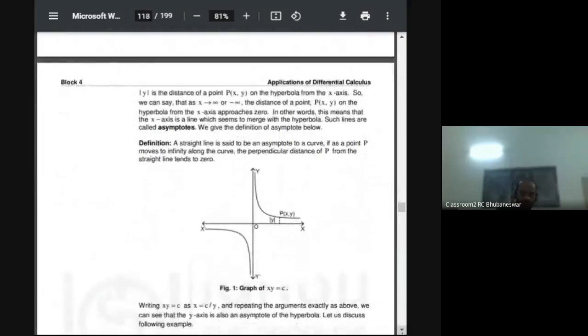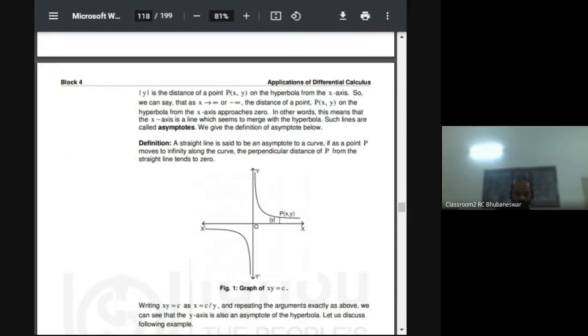So now, to analyze the same, look at figure number 1 on page number 118.